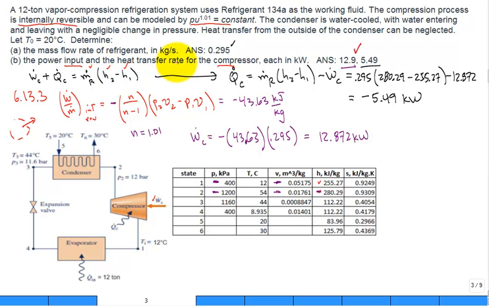The heat transfer rate for the compressor, well, is it the heat transfer rate into the compressor or from the compressor? Because if it's into the compressor, I would put a negative sign in front of that value. If it said from the compressor, I would leave it as a positive.